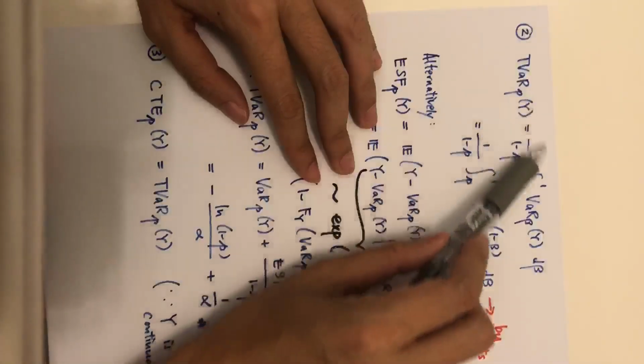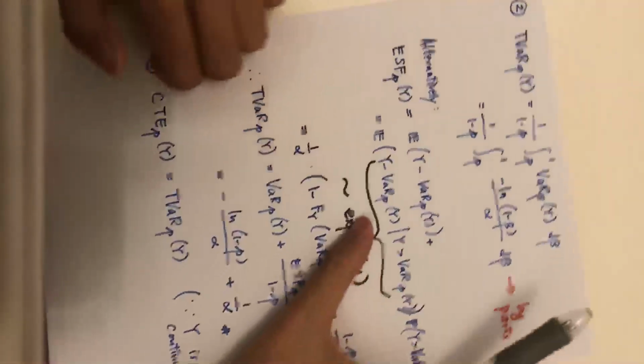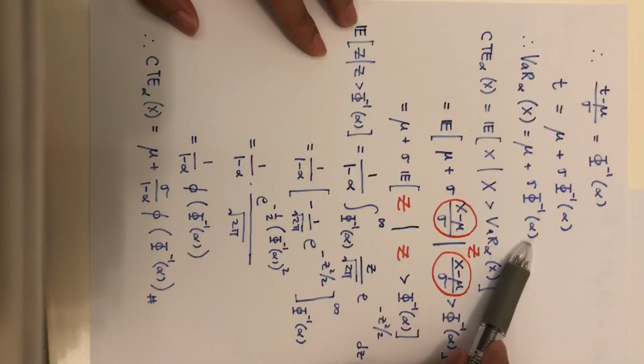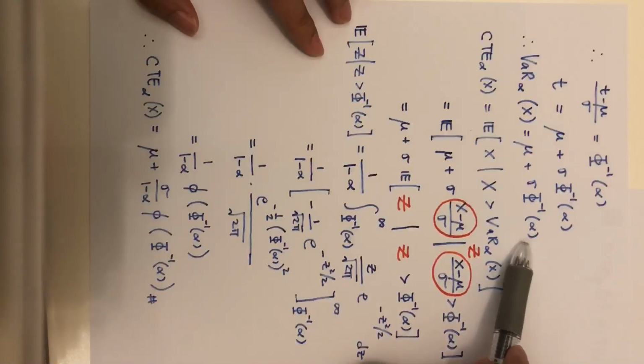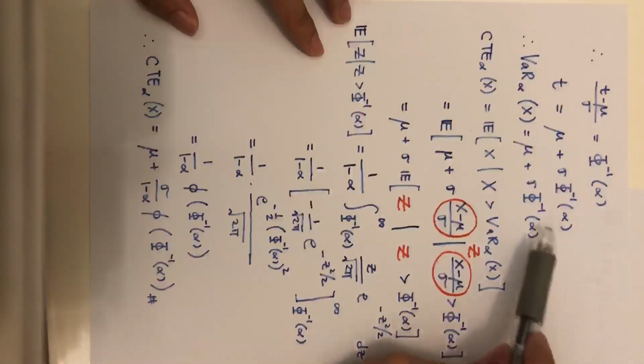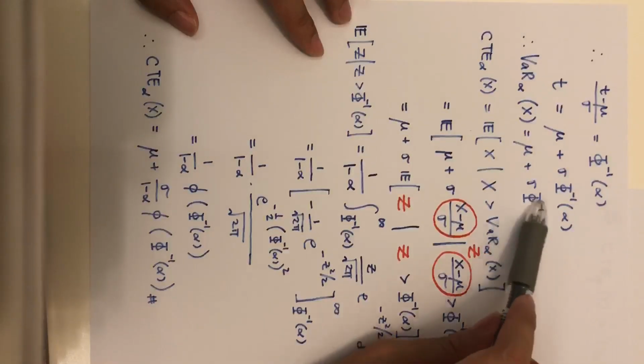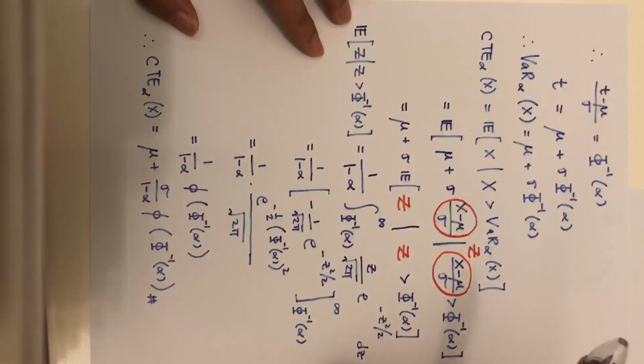We can use this formula, but we have a problem here. In the case of a normal random variable, VaR is like this. If you want to find tail value at risk by definition, you need to integrate this over alpha, which is very difficult, because we don't have a closed form expression for this Phi inverse.